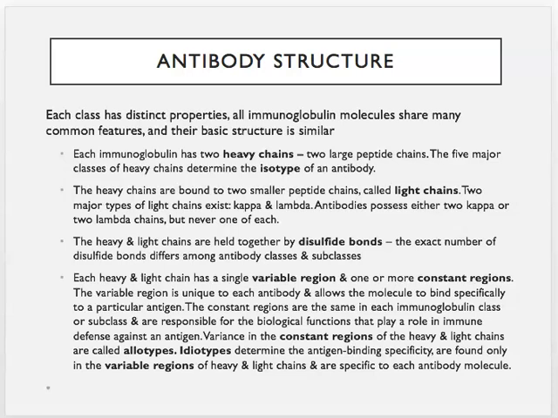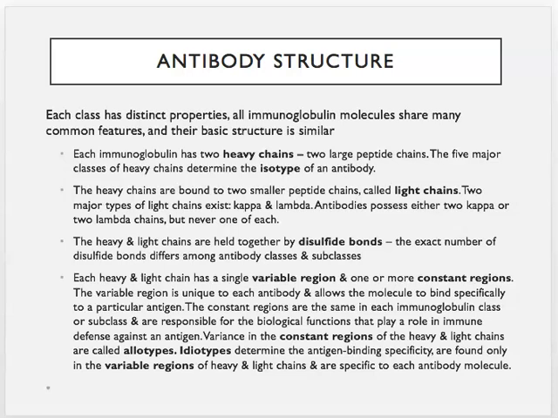The 5 major classes of the heavy chains determine the isotype of the antibody. The heavy chains are bound by 2 smaller peptide chains, which are referred to as the light chains. There are 2 major types of light chains, kappa and lambda. Antibodies have either 2 kappa or 2 lambda chains. They're never going to have one of each.